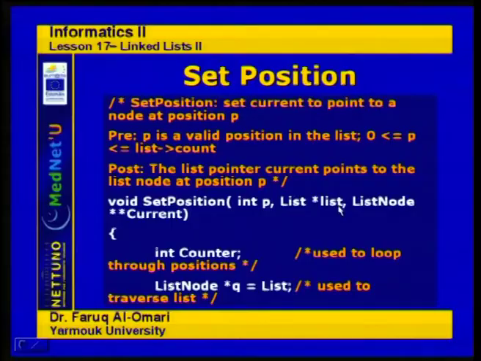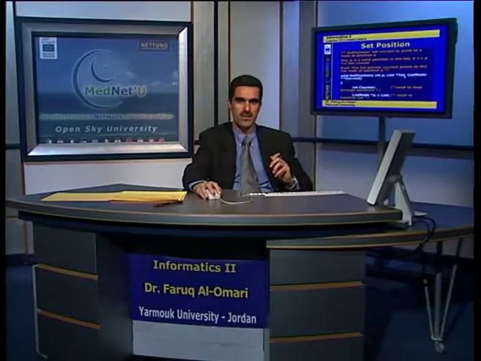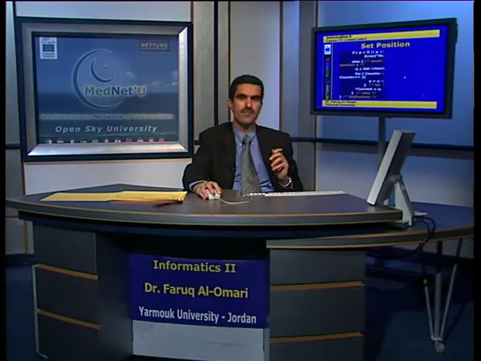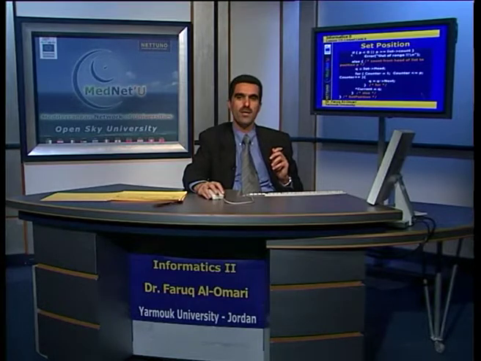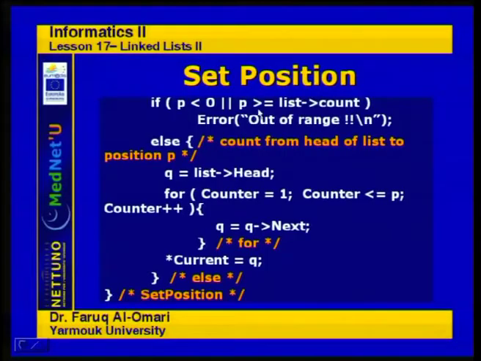And list here basically resembles the pointer to the beginning of the list. So that's the initialization step. What do I do after that? Well, I'm checking on the validity of P. Is it less than 0 or greater than the number of actual nodes I have?